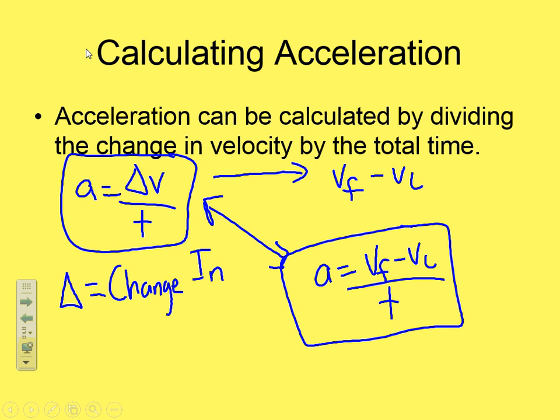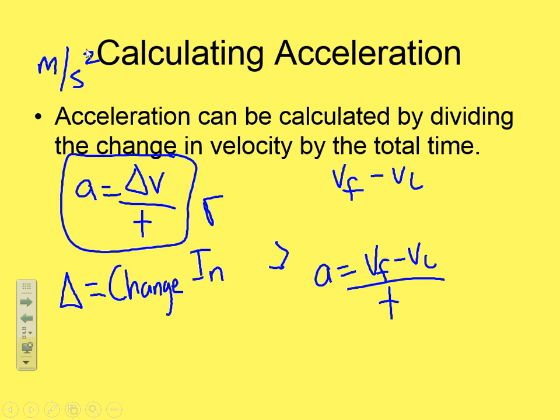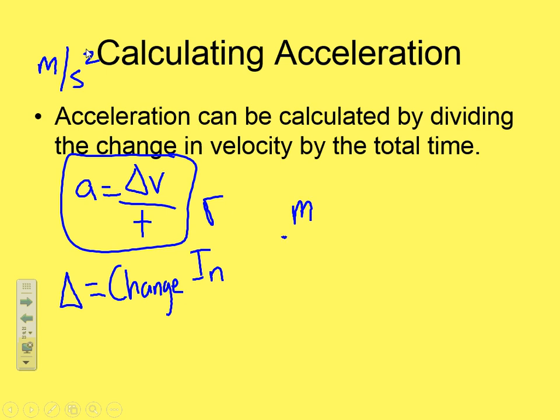Now, what are our units for acceleration? Well, our units typically are going to be meters per second squared. Now, why is that? Well, you're having change in velocity divided by time. So if you take your units and divide them out, we're going to have meters per second divided by seconds.